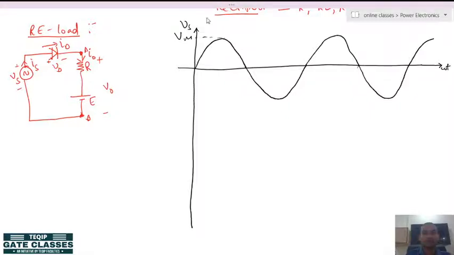And this is our battery voltage E. We have discussed why we have taken this polarity here.